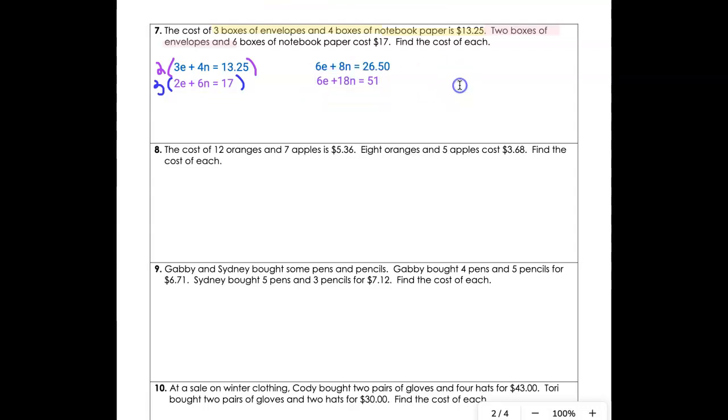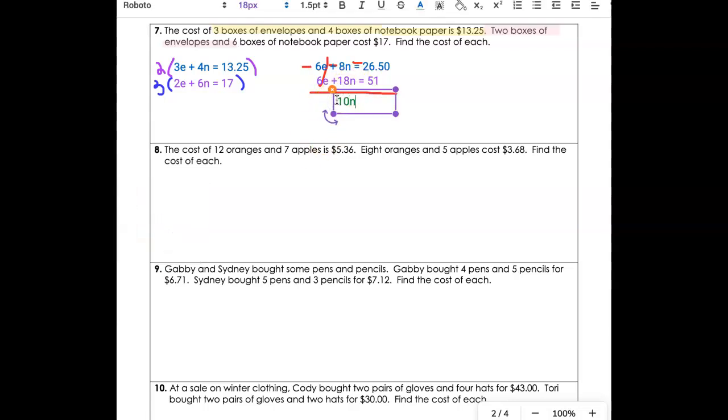Now that my E's match up, just pick one of the equations and make everything negative. I'm going to do the top because then I don't have to deal with negative variables, even though it'll give me the same answer. So as we add down, negative 6E and positive 6E cancel. Negative 8N and positive 18 will give me 10N.